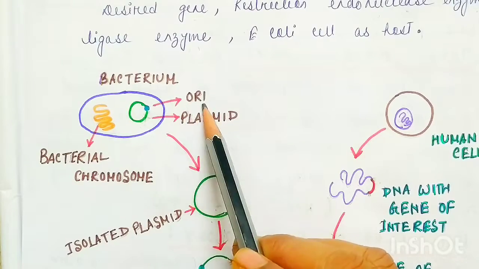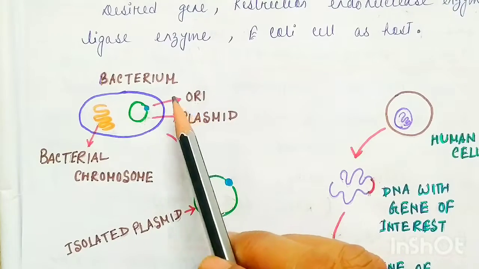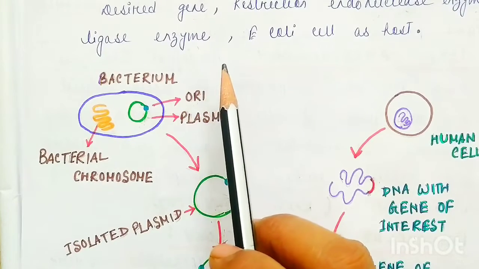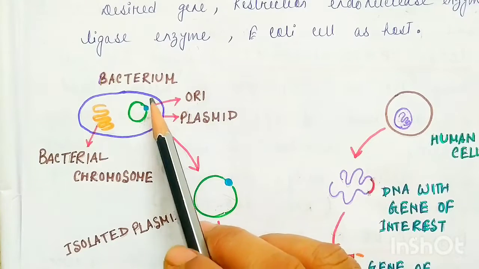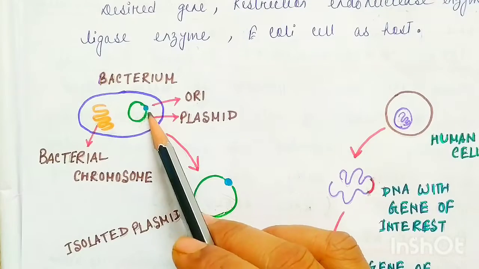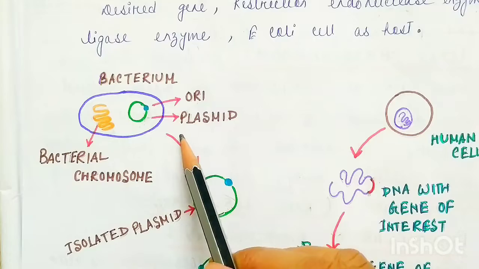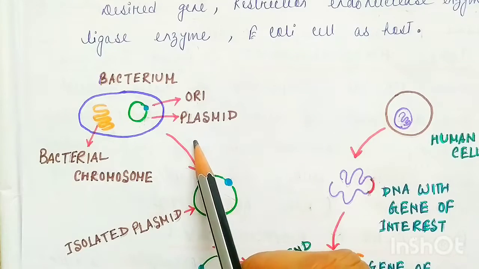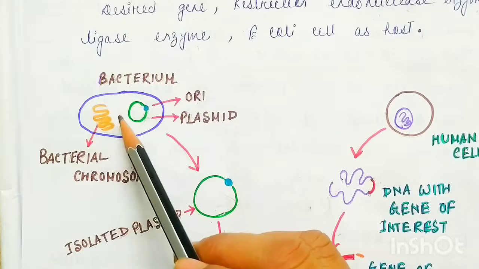Ori is the small space where the polymerase enzyme binds, and as a result it gets the self-replicating capacity. That's why, since ori is present within the plasmid, the plasmid is a self-replicating extra chromosomal genetic material, and this is the bacterium's own genetic material.